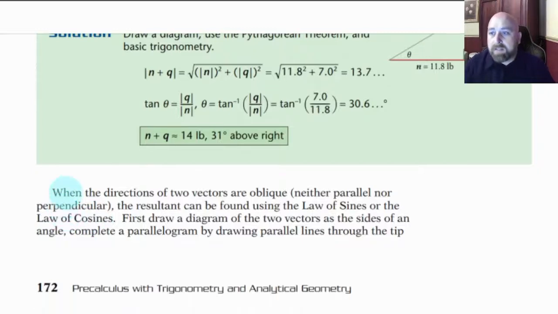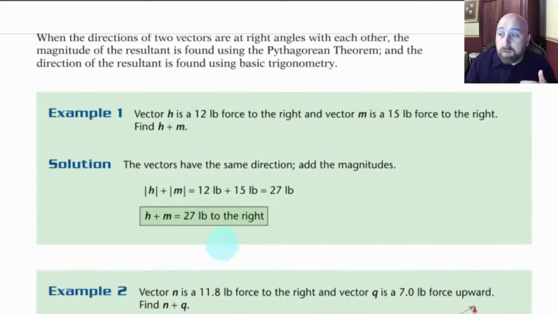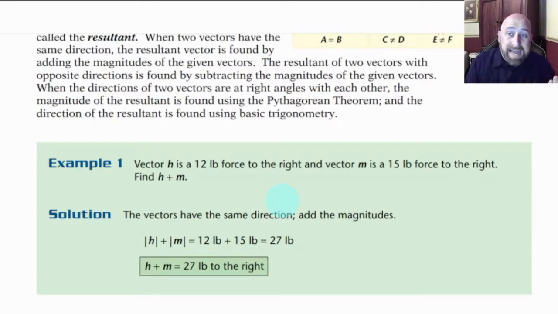All right, take a look here. It says when the direction of two vectors are oblique, in other words, they're not parallel and they're not perpendicular. Ours happened to be perpendicular. It caused a right angle, so we were able to use Pythagorean theorem. If it was in a straight line, like the first one that we did, then we just add them together.